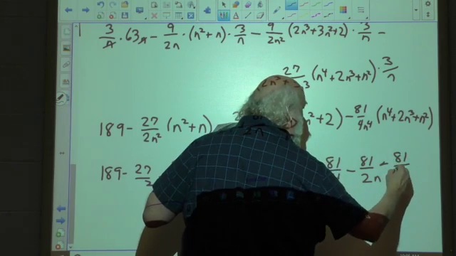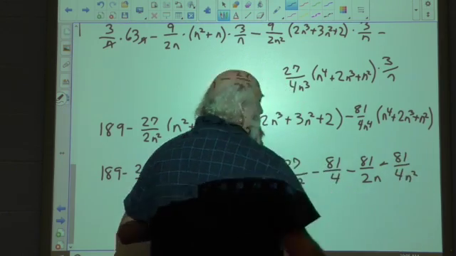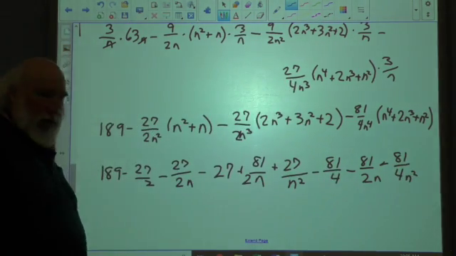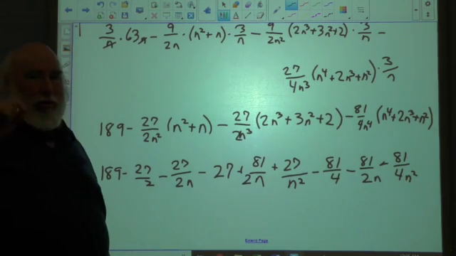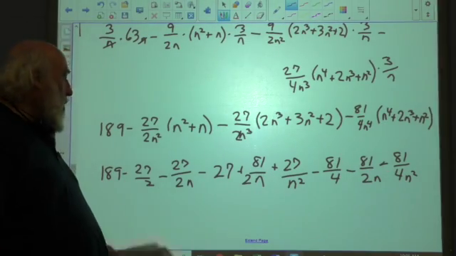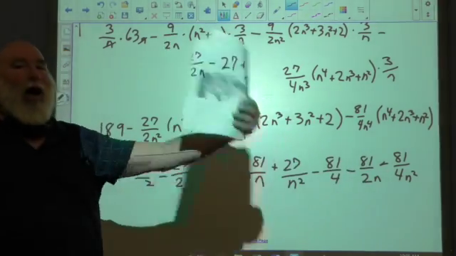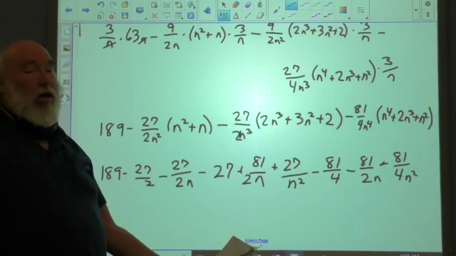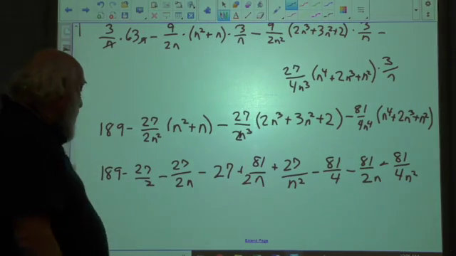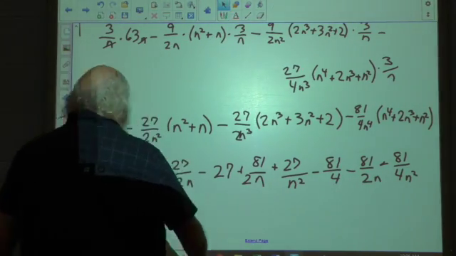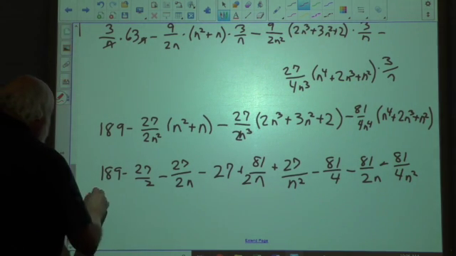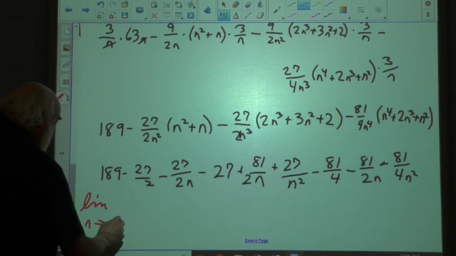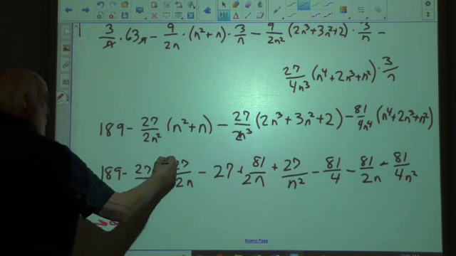Minus 81 over 4n squared. Now, having done all that, this is now where the limit is, and you can see where you can shortcut at this point. You didn't have to put all this stuff down there. I did it to show you what happens next, but when you do the practice problems, you don't have to do this. But because we're dealing with the limit as n approaching infinity, that cancels out.